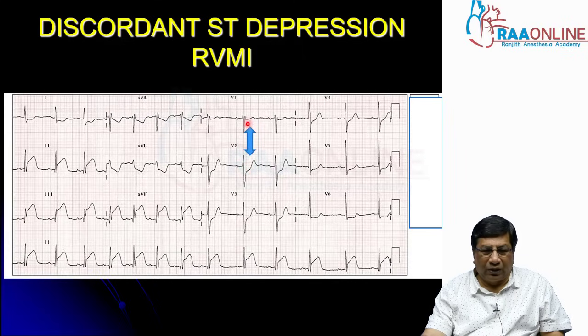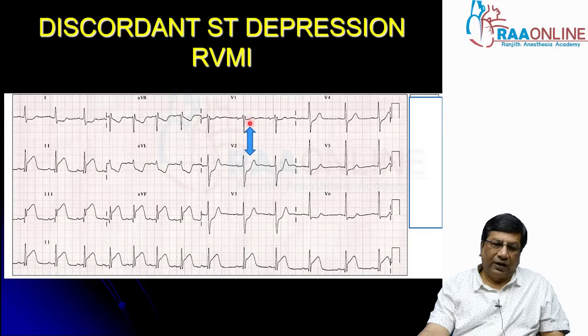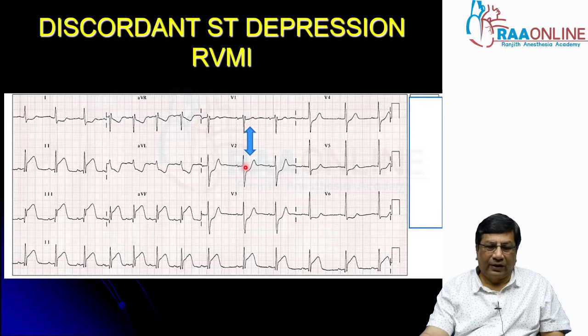So the net result is a gross disparity of the ST segment depression between V1 and V2. This sign itself on the 12-lead is good enough to diagnose additional posterior wall infarction and right ventricular infarction. So it can tell you that the patient has a proximal right coronary lesion.